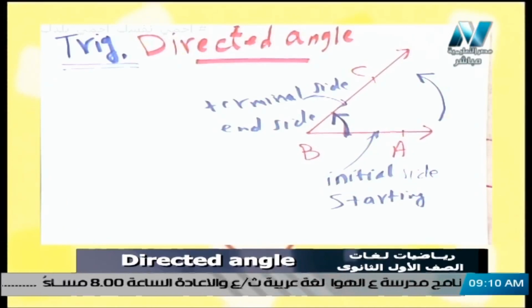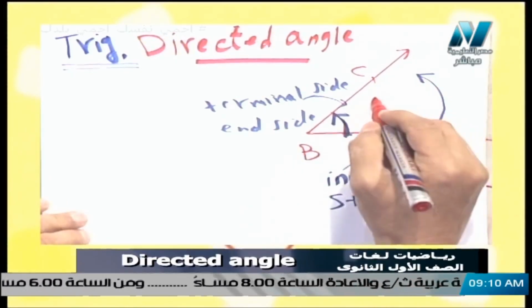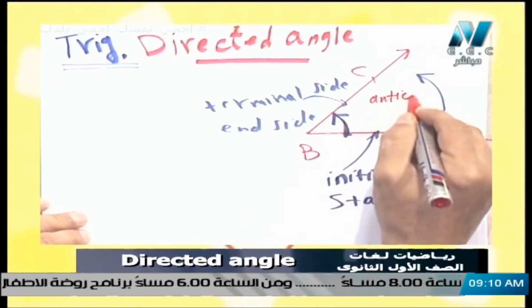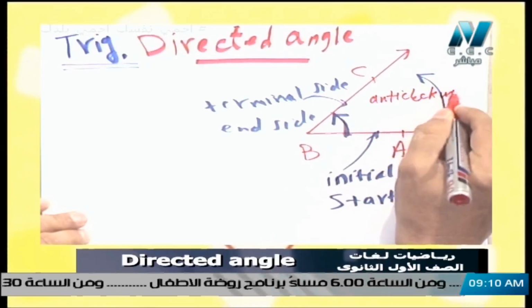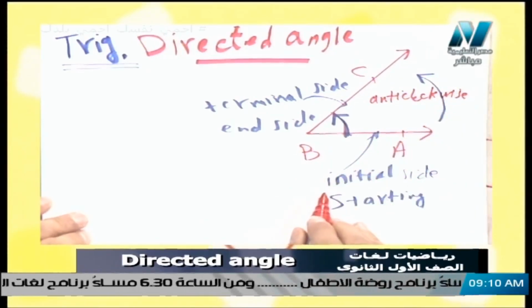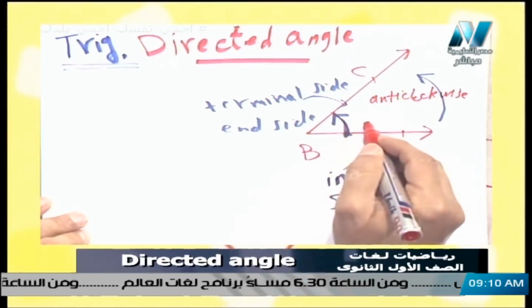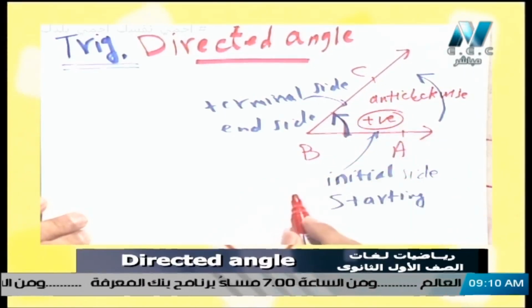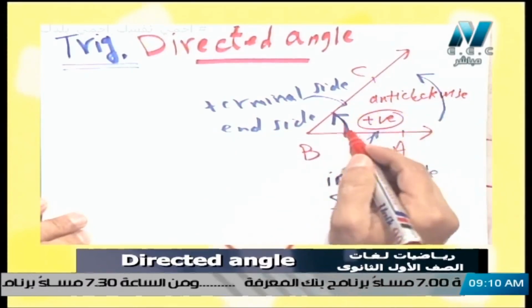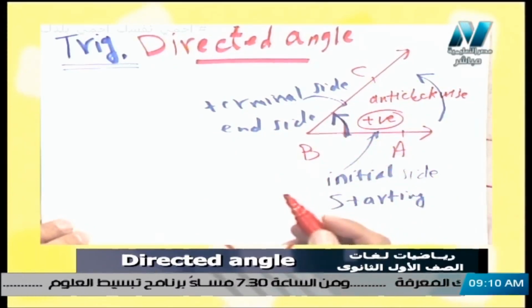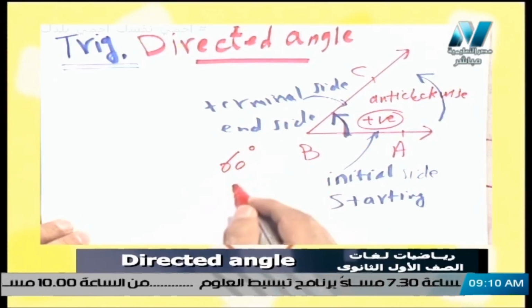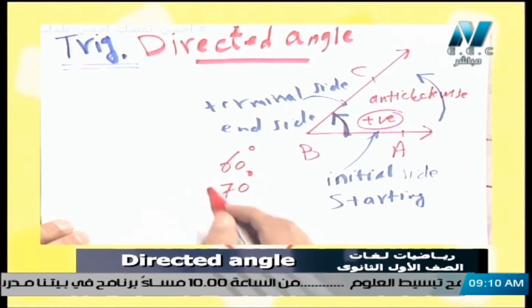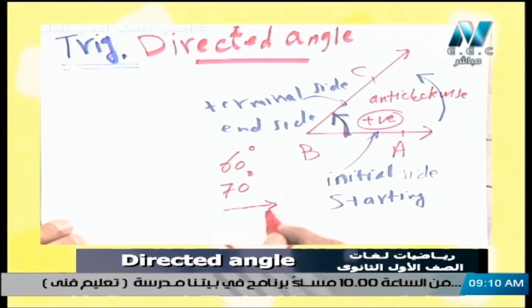Anti-clockwise direction means positive. So this angle will be positive. If it is anti-clockwise direction, it will be positive. As an example, 60 degrees, 70 degrees will be positive here, and so on.